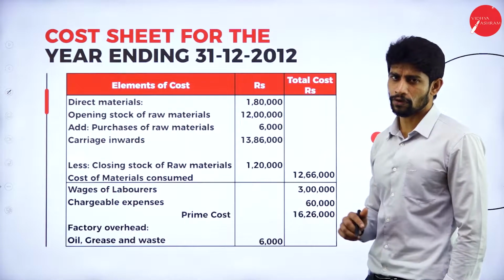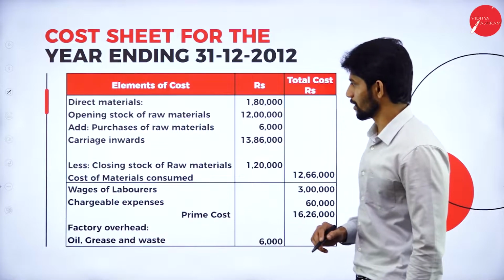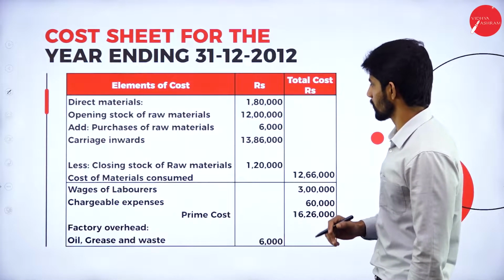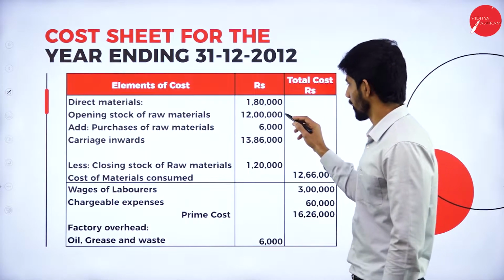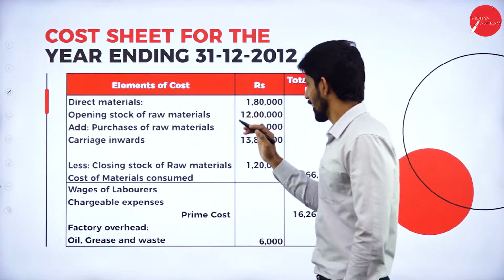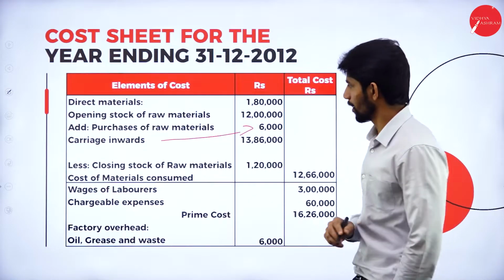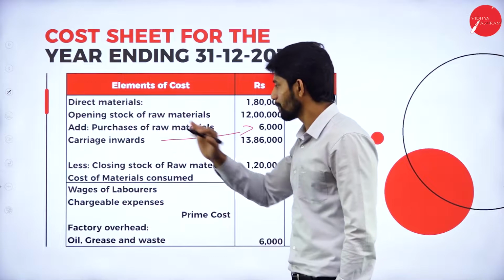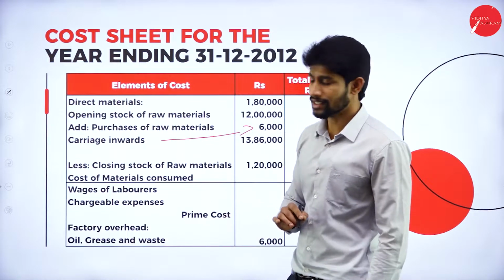So elements of cost. First, direct material. So what is the direct material cost? Opening stock of raw material 1,80,000, add purchase of raw material 12 lakh and carriage inward of rupees 6,000.